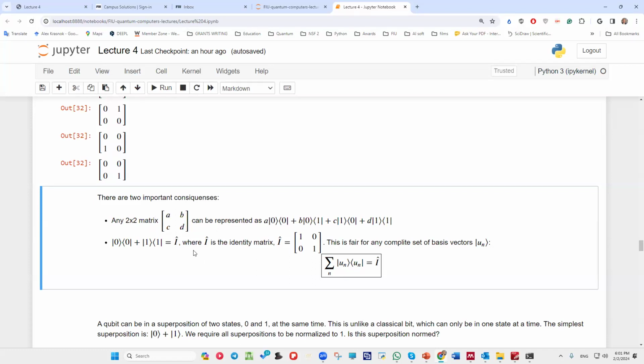This is one important consequence. Another one is that if you consider the combination of the product of the same basis vectors, we have two basis vectors, one is 0, another one is 1. The combination of 0, 0 corresponds to the first basis vector, and this combination corresponds to the second basis vector.